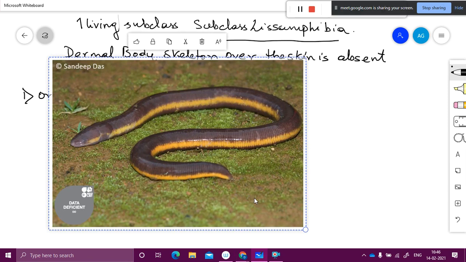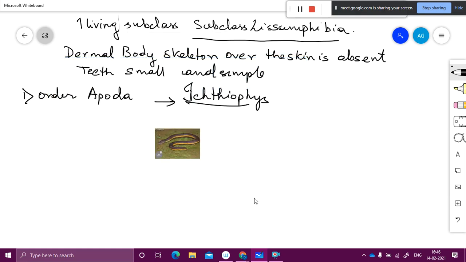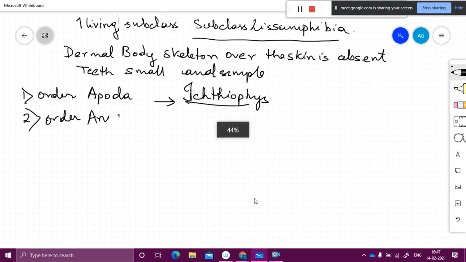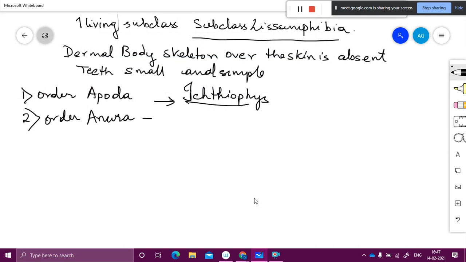They are order Gymnophiona. The next order is order Anura, or they look like frogs and toads.